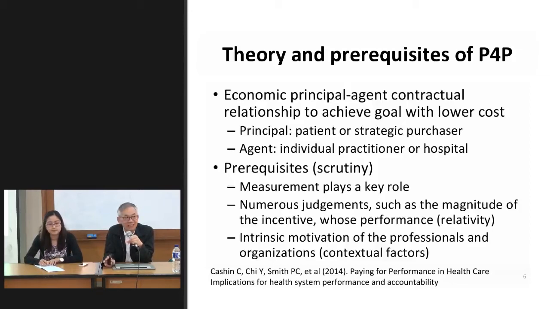As I said, there are many PIs. PI means performance indicator. We have many PIs, but which is the most relevant to the outcomes or indicators that's related to what we are looking for. That's the first prerequisite.